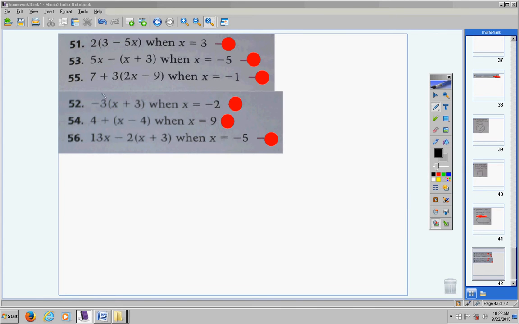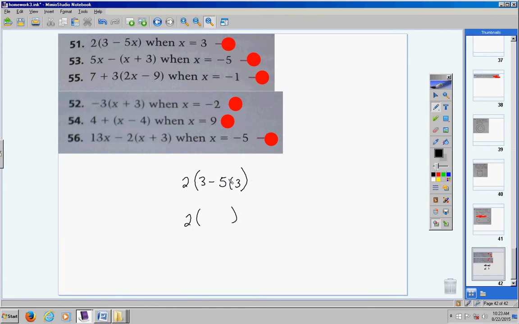Okay, here we go. First problem. Number 51, 2 parentheses 3 minus 5x. Where the x is, I will substitute 3. Here's the x, I put a 3. Start inside the parentheses here.